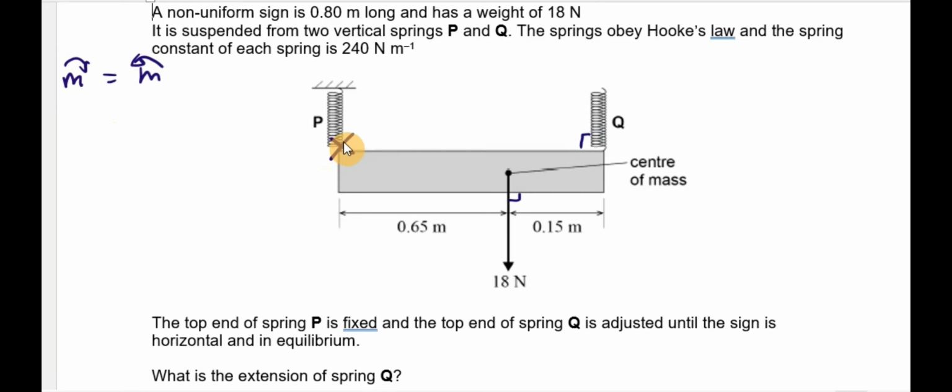So taking moments about P, what's trying to turn it in a clockwise direction? It's that 18 newtons, and it acts over a distance of 0.65 meters. So I can say the clockwise moment is 18 times 0.65. The force produced by the spring Q is trying to turn the sine in an anti-clockwise direction, and that's acting over a total distance of 0.8 meters.